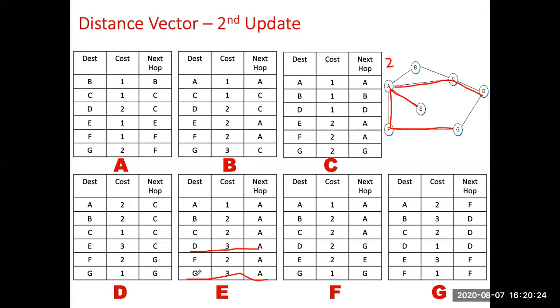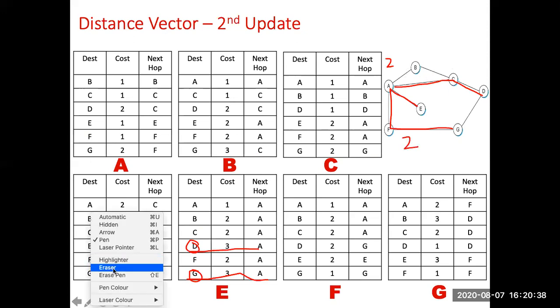when we talk about destinations D and G, E can reach these destinations via A, and A has the cost of 2 for these two nodes, and similarly for D as well.